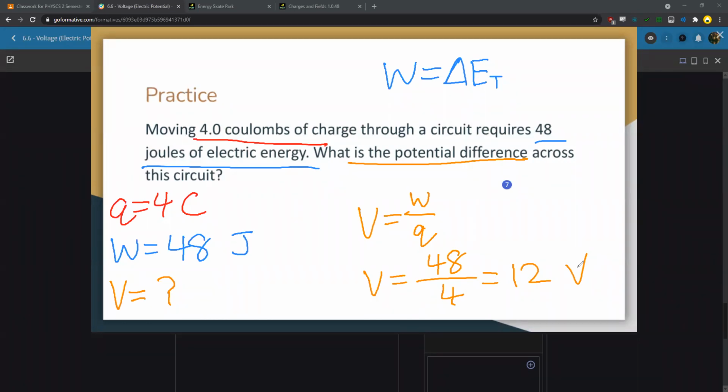Any questions? Any questions about the formula? So once you see what's the potential difference, this is the formula you have to use to solve for it.